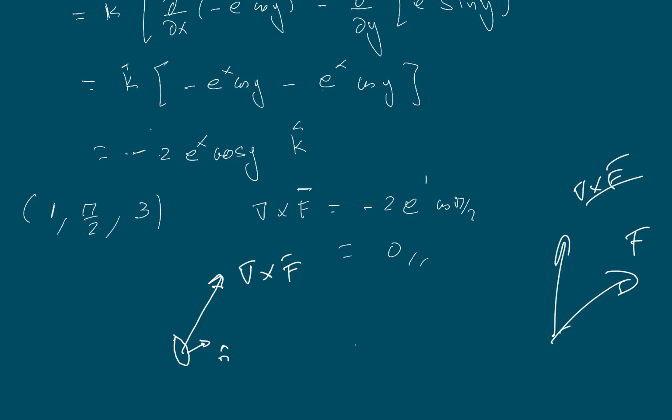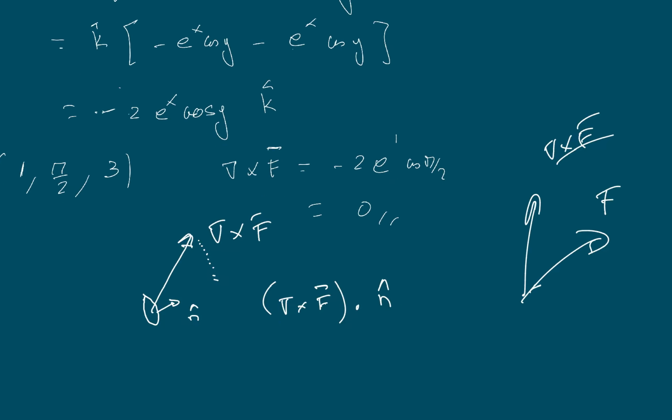Let's say that you see the projection of the curl of f. The projection of the curl of f onto the normal is the curl of f dot n. And this will have a length. The projection of the curl of f will be the components of the curl of f in the direction of the vector n.